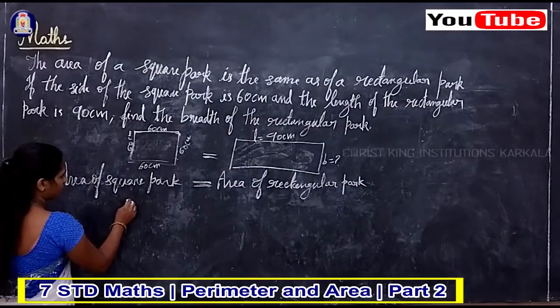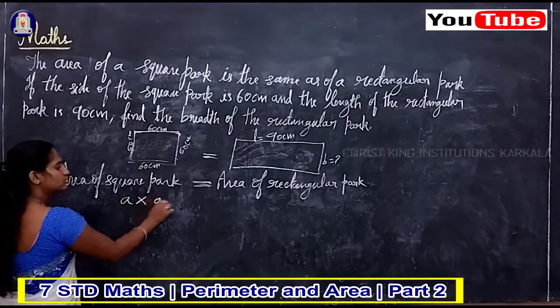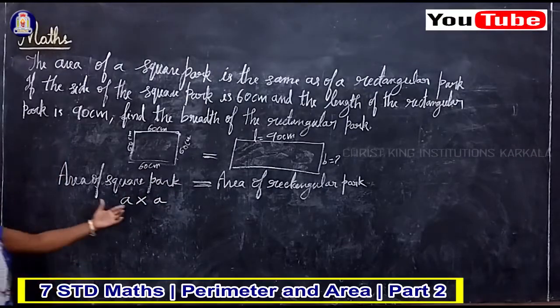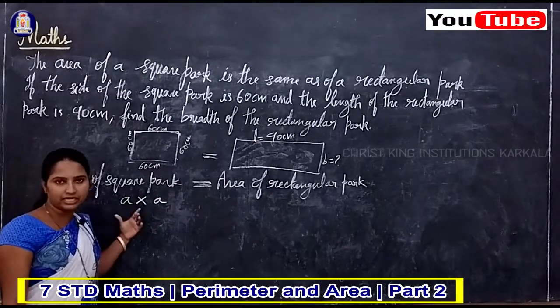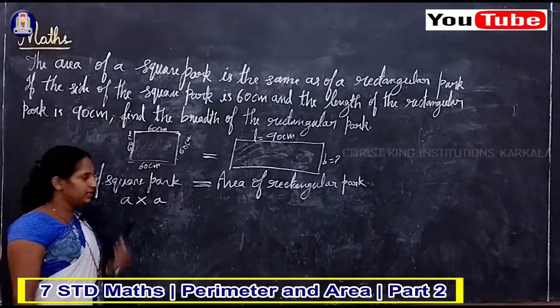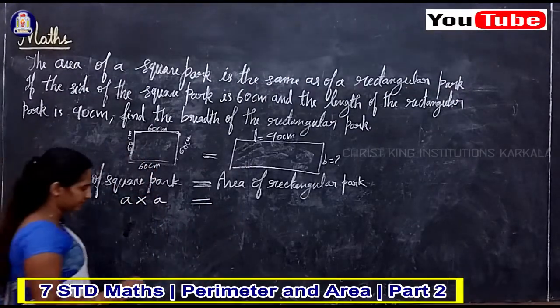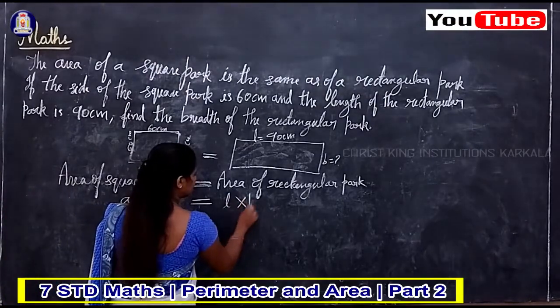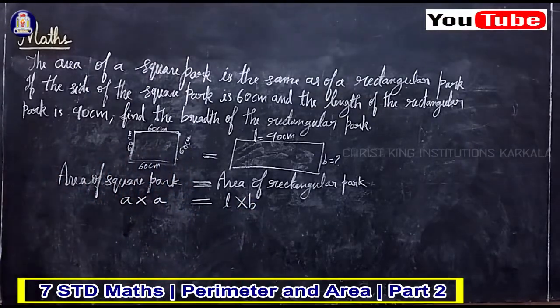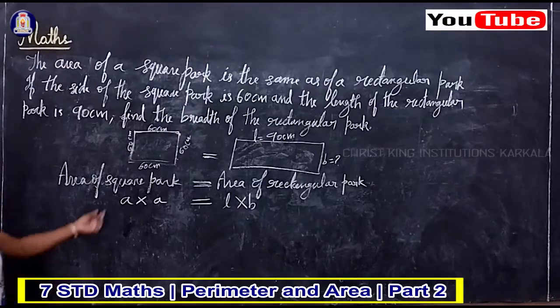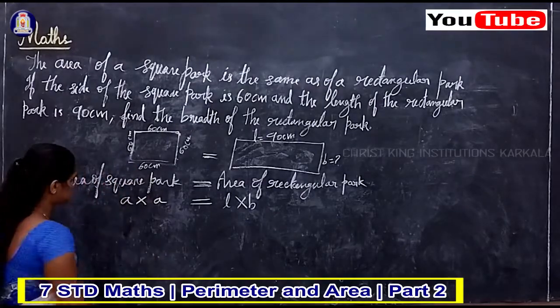Okay, so now you know the formula. Area of square park formula is side into side, means we will represent A into A. Side will be represented by small letter A. So A into A. Now area of rectangular park, the formula is length into breadth. Okay, length into breadth. So now see, substitute the values. A we know, 60 centimeter.